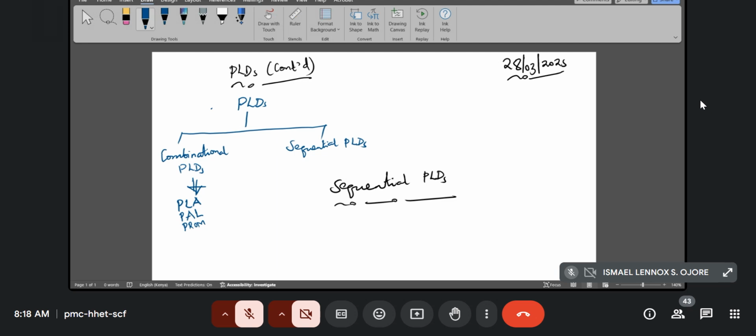Anything that you know that will be a difference between combinational and sequential logic systems in general, not limited to PLDs. Any difference or characteristics of each of these?